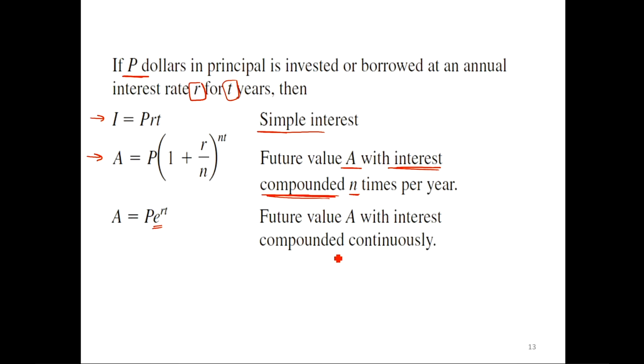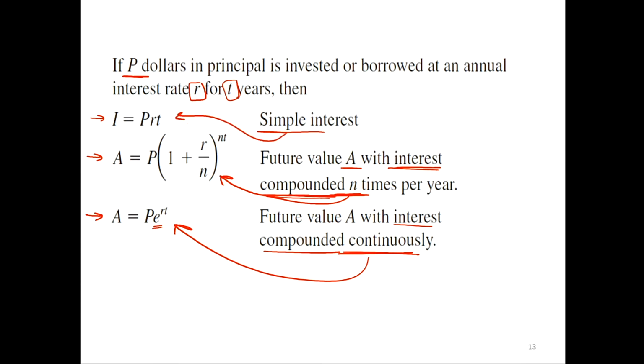But if we have interest compounded continuously, without a specific value of n times per year, we can use this one. So this is for continuous compounding, but if we have interest compounded n times, we use this formula. If we have simple interest, use this formula.